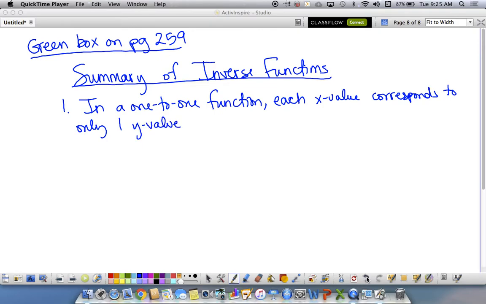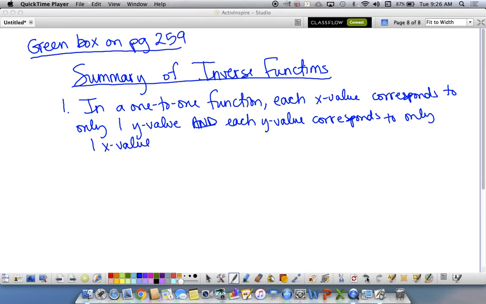Each x value corresponds to only one y value, and each y value corresponds to only one x value. That makes a one-to-one function.